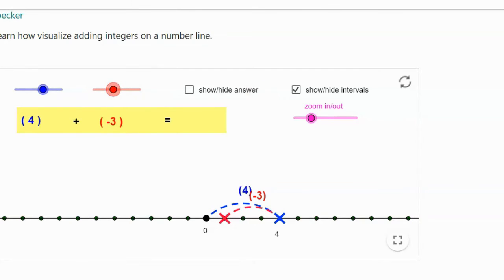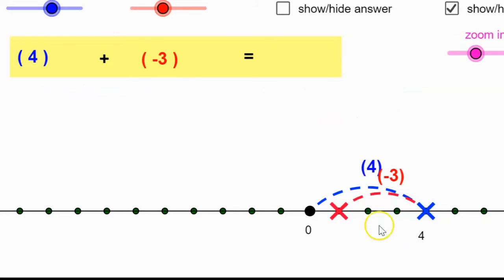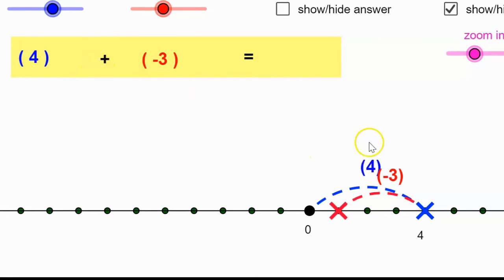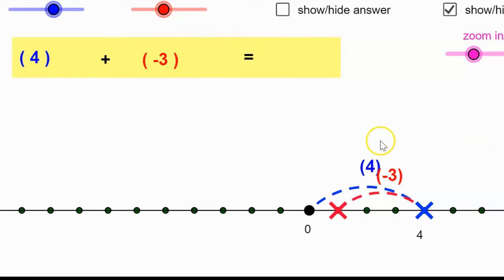All right, so now we're thinking about how this works on a number line. When we start with our plus 4, we jump 4 spaces on the number line. And then we're going to add, which means we need to move down the number line to the right, except it's a negative number, which means we go backwards.